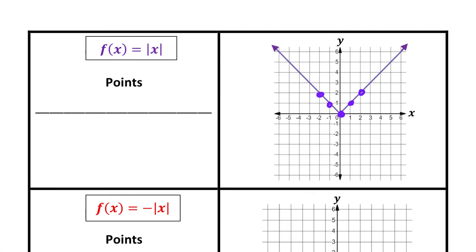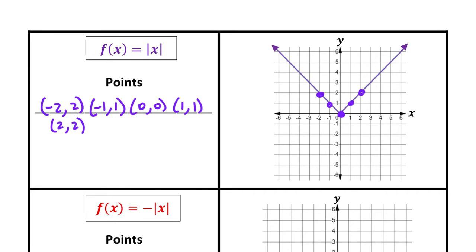Those are the points: -2, 2, -1, 1, 0, 0, 1, 1, and 2, 2.